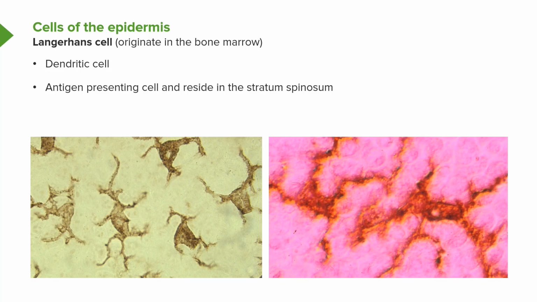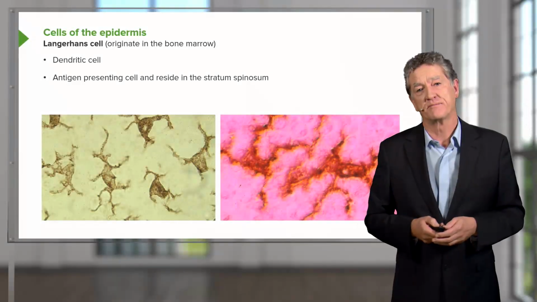Now, I use the analogy that it's like chicken wire. It's like the wire of a fence. And that's what these Langerhans cells or dendritic cells actually create in the epidermis: a whole layer, if you like, of chicken-like wire cell structure.